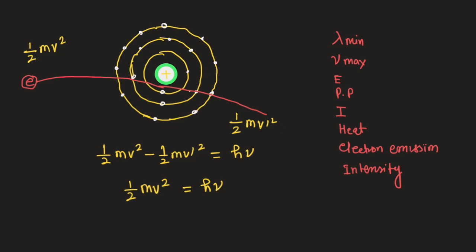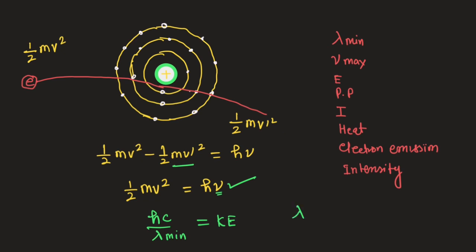And when this kinetic energy becomes zero, this nu will be maximum, or in other words hc by lambda minimum is equal to half mv square, which is the kinetic energy. Because nu is inversely proportional to lambda, if nu is maximum, lambda will be minimum.